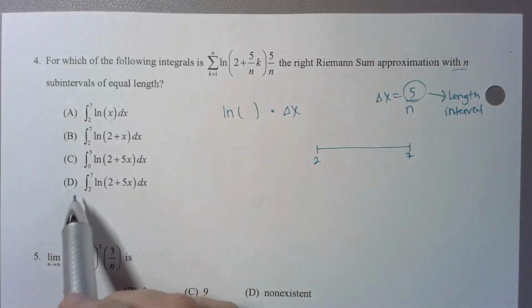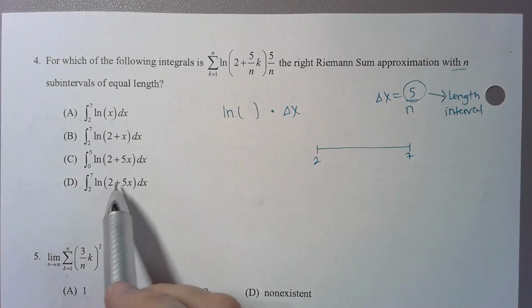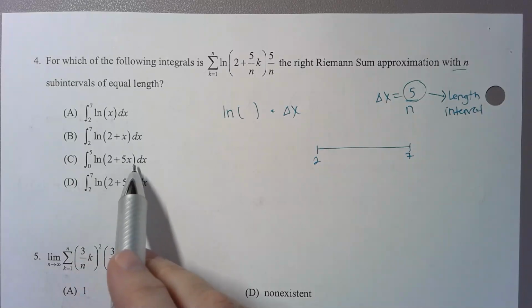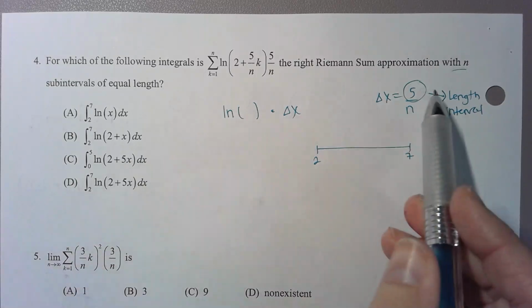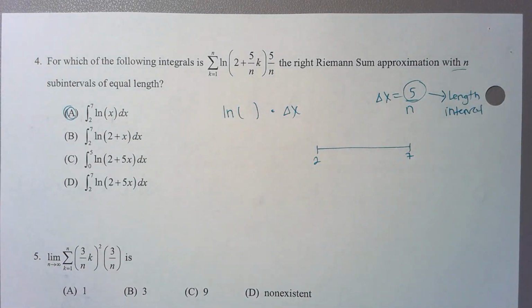Yeah, if we're going from 2 to 7, the 2 should be in here. I'm sorry, the 2 should be in here, not in here. And I'm just checking this. We don't want a 5x, right? The 5 is the length of the interval. So I'm thinking it should be letter A. Working backwards.